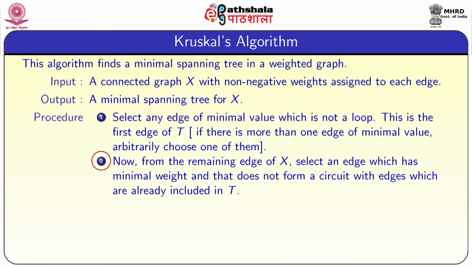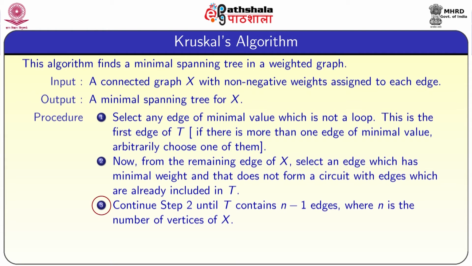Now from the remaining edges of X, select an edge which has minimal weight and that does not form a circuit with the edges which are already included in T. This is because we are constructing a tree, and a tree is an acyclic graph.